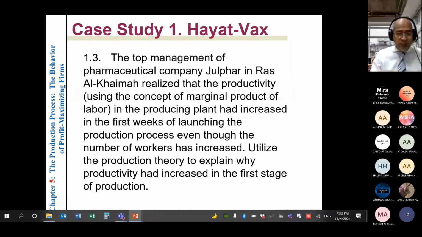When they start opening the project, they have, let's say, 0 labor, 1 labor, 2 labor, 3 labors. As they add more units of labor, the degree of specialization and division of labor will improve. So the productivity of each new worker will be better than the previous one because we benefit from more specialization.